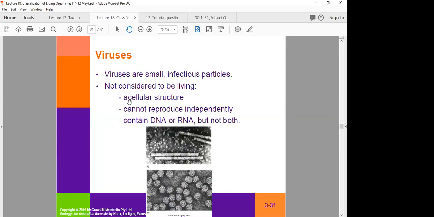They're not made of cells. They cannot reproduce independently at all. And they contain either DNA or RNA, but not both. Every other living organism contains DNA and various types of RNA. Okay, viruses tend to have one or the other.